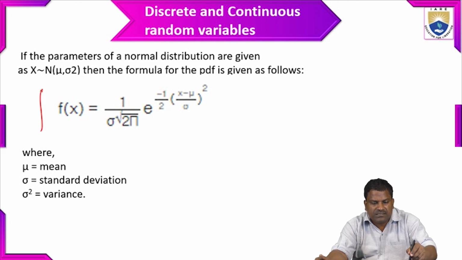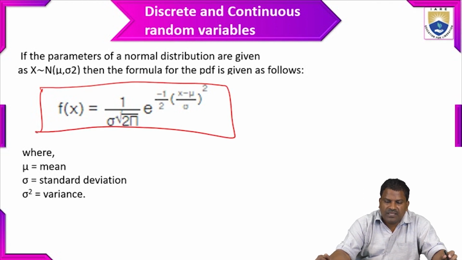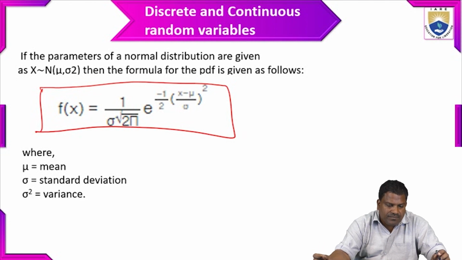This gives us the formula for the PDF, where mu represents mean, sigma represents standard deviation, sigma square is variance.